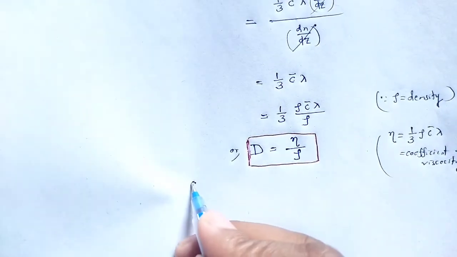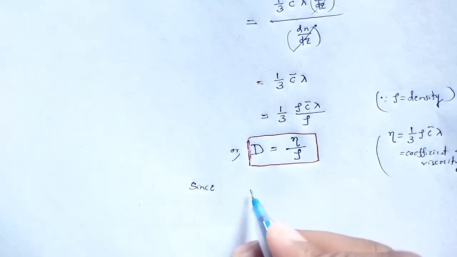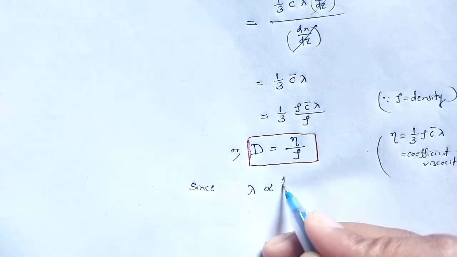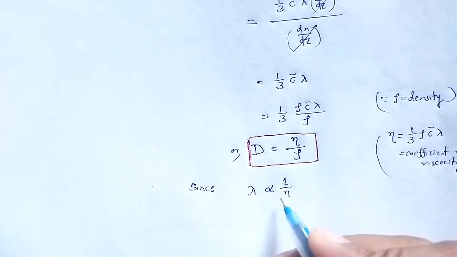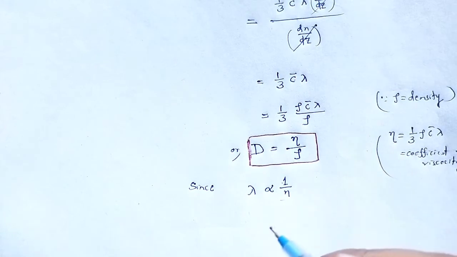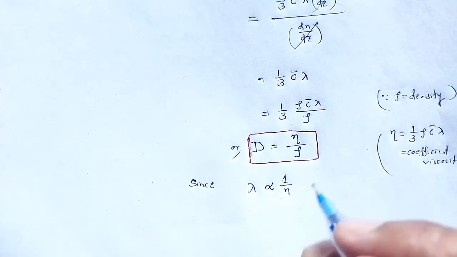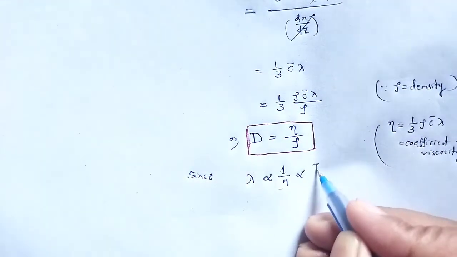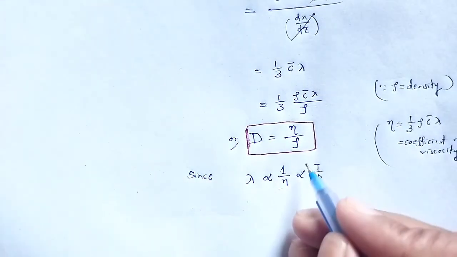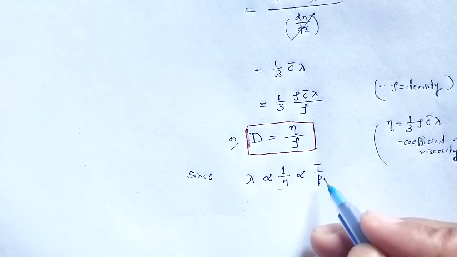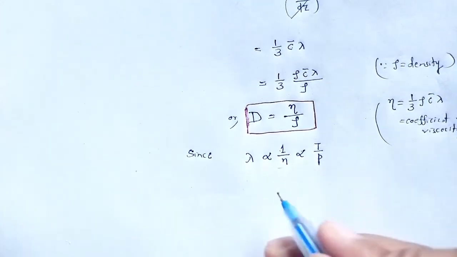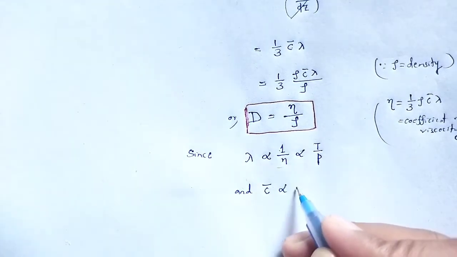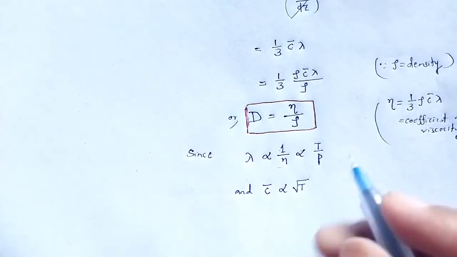Look at that equation. Since we know lambda is inversely proportional to the number of molecules per unit volume, and that is proportional to T by P, where T is the absolute temperature and P is the pressure, and the average velocity is directly proportional to the square root of temperature.